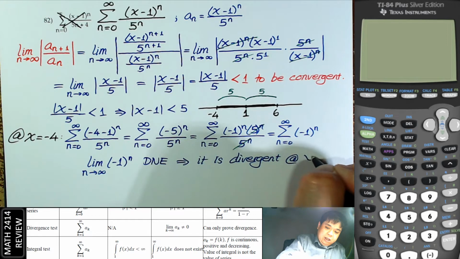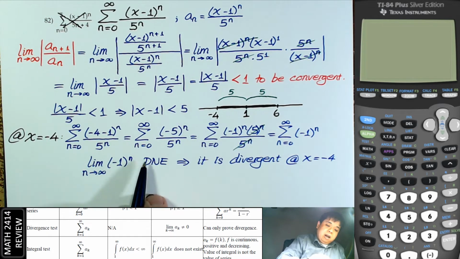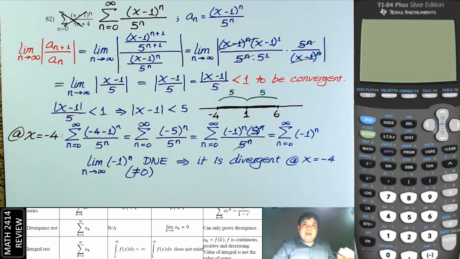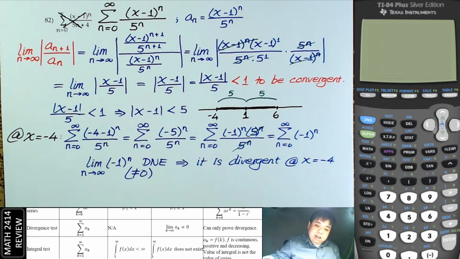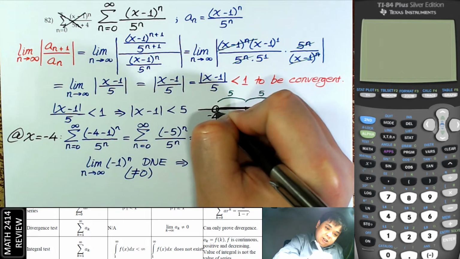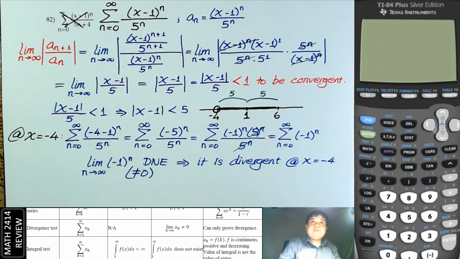It does not exist, but for sure it's not going to be 0. The divergence test says that if the nth term does not go to 0, it cannot be convergent. It has to be divergent. So we know that it is divergent at negative 4, so negative 4 doesn't work. I'm going to put an empty circle at negative 4.